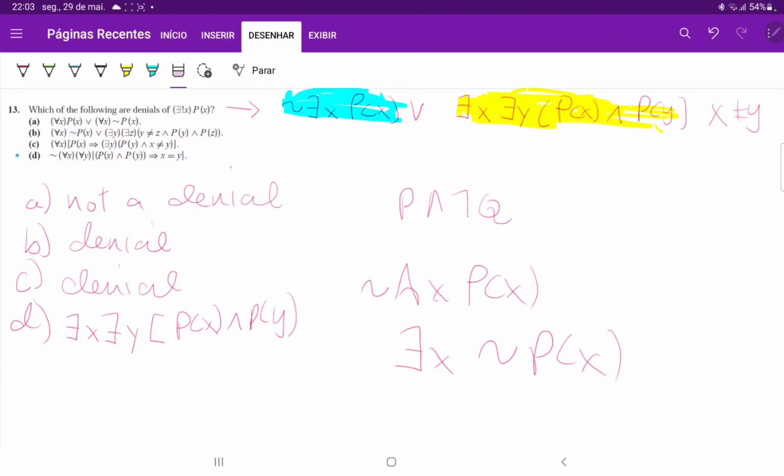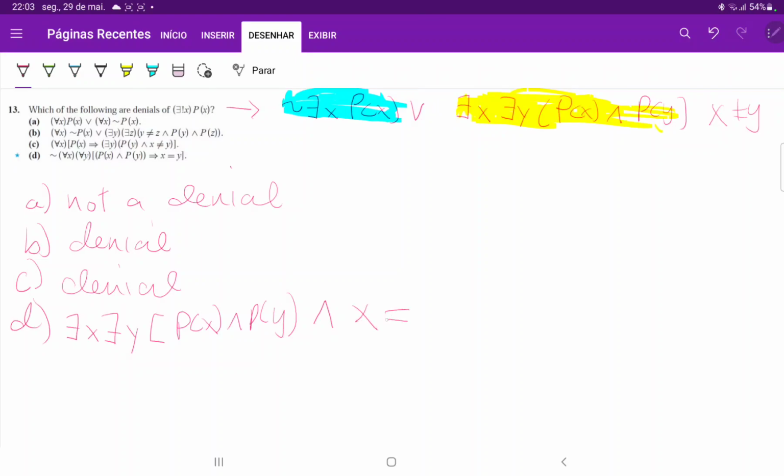The antecedent is true, and the consequent is false, and x does not equal y. That is how you deny a conditional. So in this case, we're saying there exist two elements that fit p of x, and these elements are distinct. So we have taken care of this situation here, right?